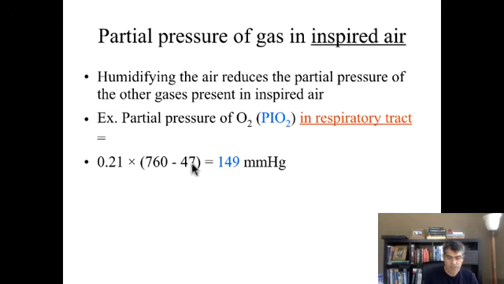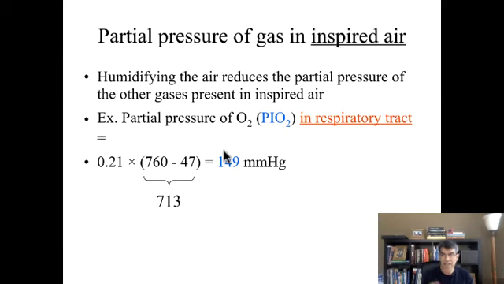So if 47 millimeter of mercury is from water, then the rest of this pressure, which is 713, is going to be divided between other gases. So now we have to say 21% of the 713 is the partial pressure of oxygen. So therefore, that's going to be 149.